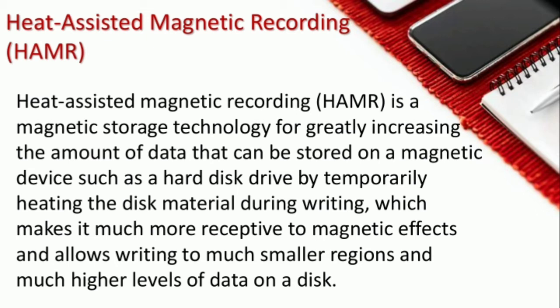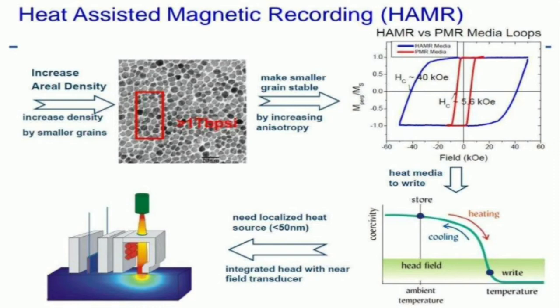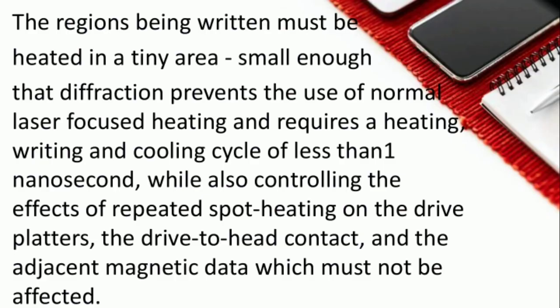Heat assisted magnetic recording is a magnetic storage technology for greatly increasing the amount of data that can be stored on a magnetic device such as a hard disk drive by temporarily heating the disk material during writing, which makes it much more receptive to magnetic effects and allows writing to much smaller regions and much higher levels of data on a disk.